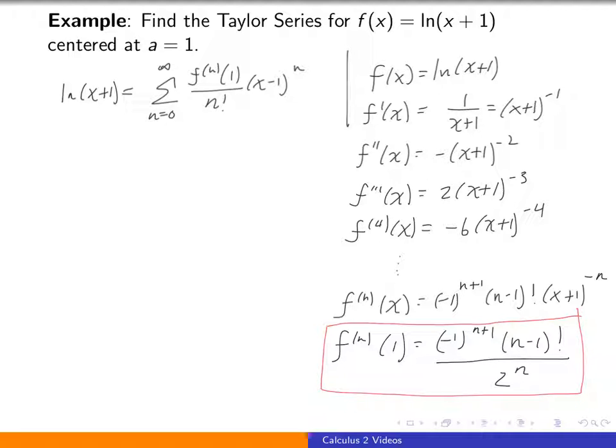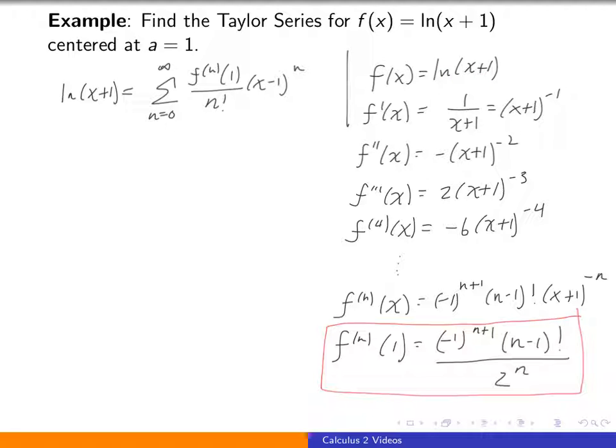However, there is a very important observation that we have to make. This formula does not work in the case when n is equal to 0, for two reasons. Minus 1 factorial is not a quantity that's defined. And plus, if we look at the function itself, the 0th derivative, when we plug in 1, we have natural log 2.